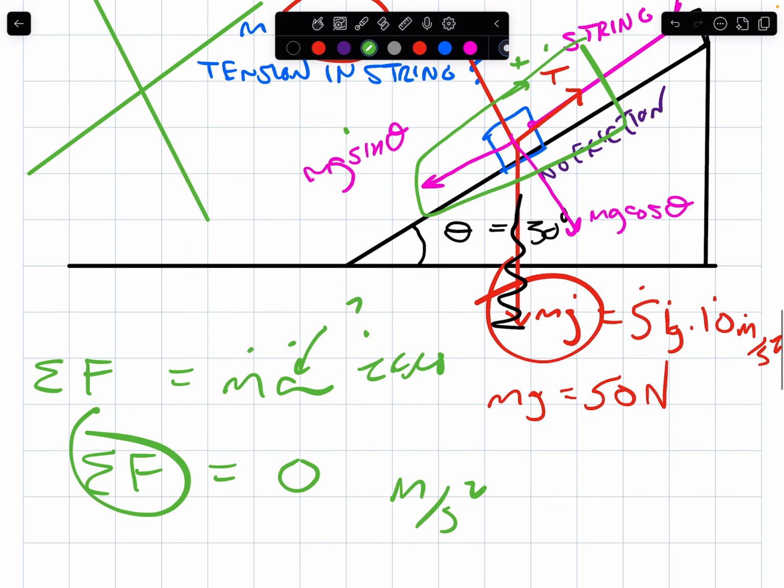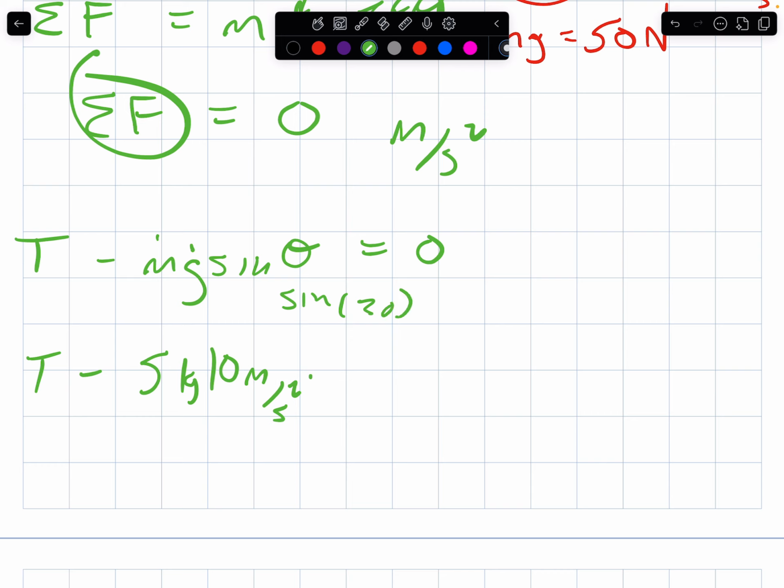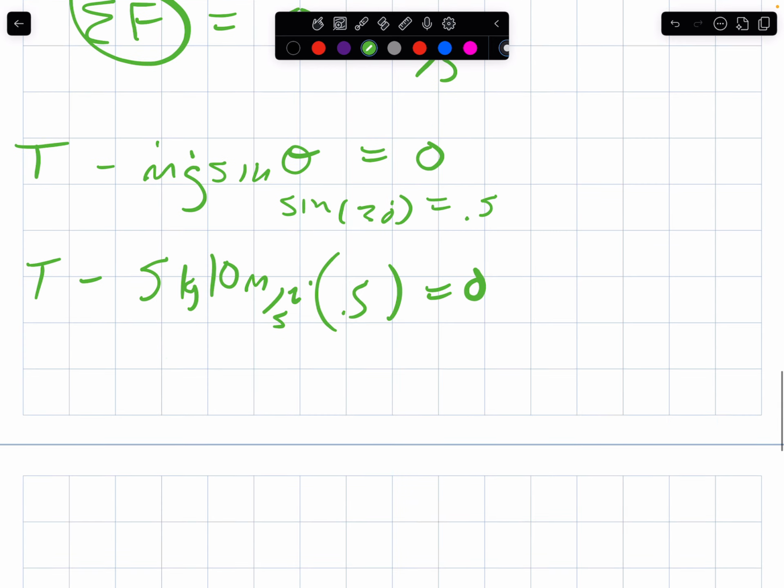We could actually write in here right now what mg sine theta is. So it's going to be T minus, m is 5 kilograms, g is 10 meters per second squared, and sine of 30 is 0.5. Oh my, all these numbers.